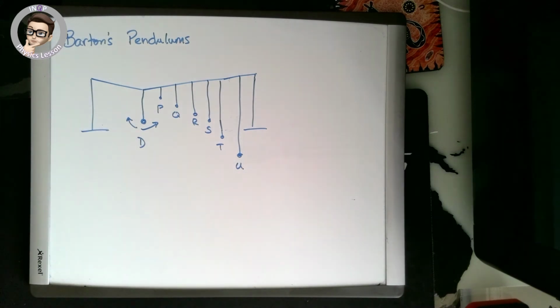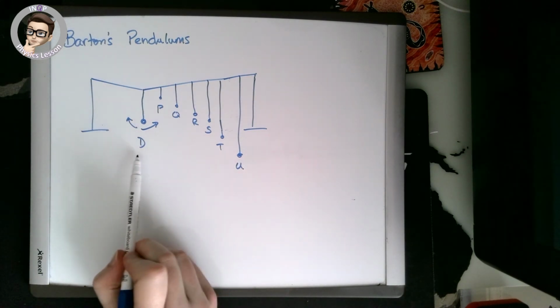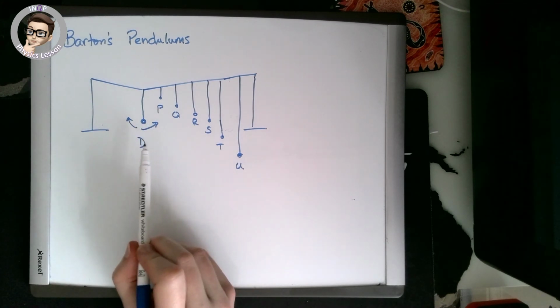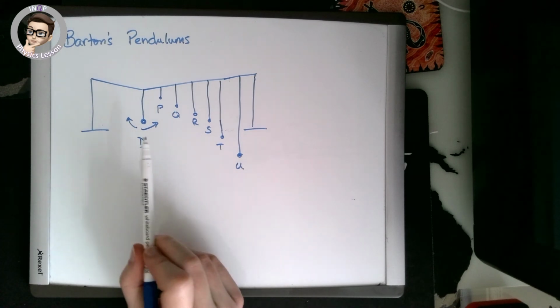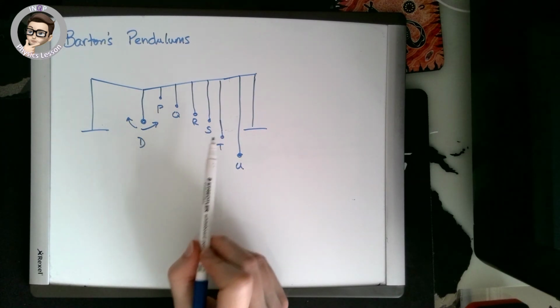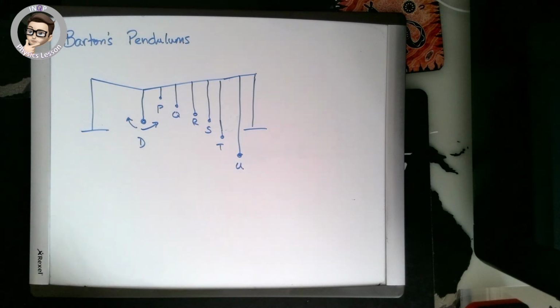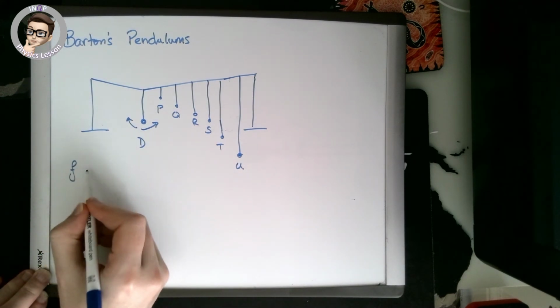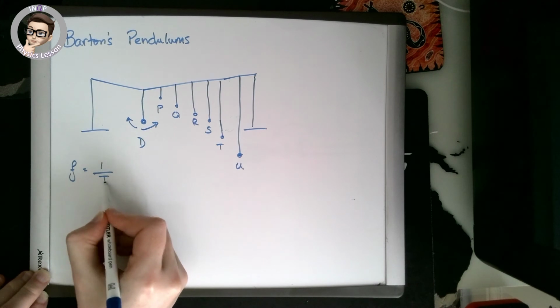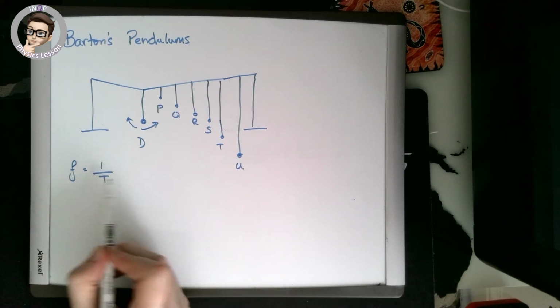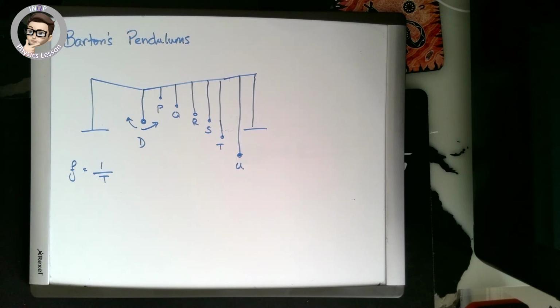And we have to remember that this is all because D is the driver. And so because the length of the pendulum is what's determining the time period, it's got to be the length of the pendulum that's also going to determine which one is at resonance. Because remember that frequency is equal to 1 over the time period. So for those frequencies to be equal, the time periods must also be equal.